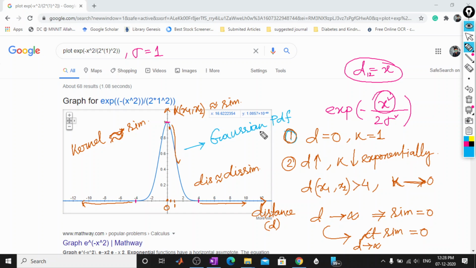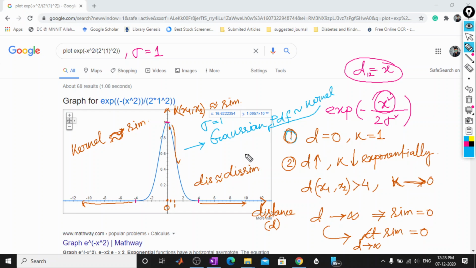Gaussian probability density. Okay, it means that if our sigma is equal to 1, then our kernel is equivalent to our Gaussian PDF.